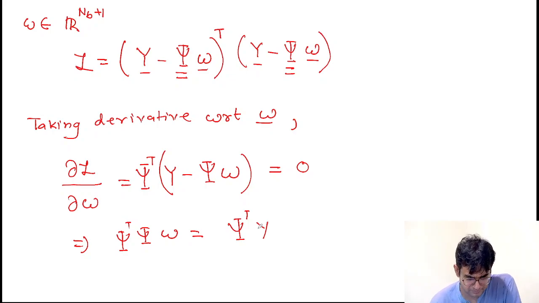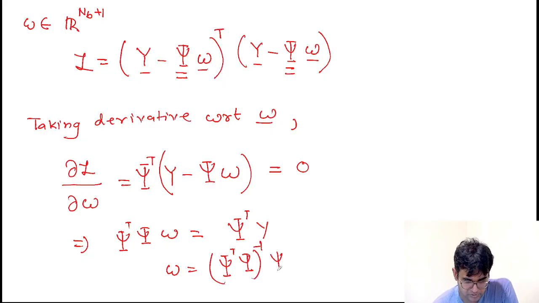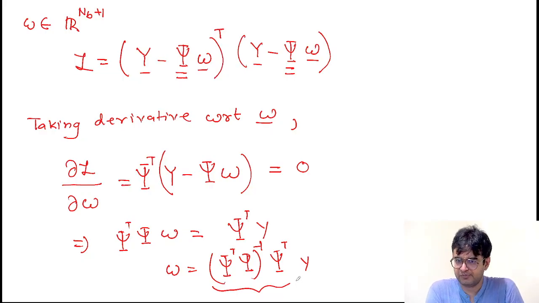From here, what is W? Finally, my W is equal to psi transpose psi inverse psi transpose Y. This term, psi transpose psi inverse multiplied by psi transpose, has a name. Anyone knows what is the name of this?